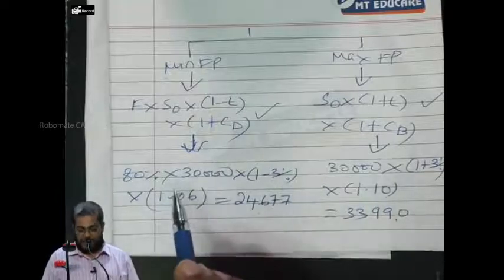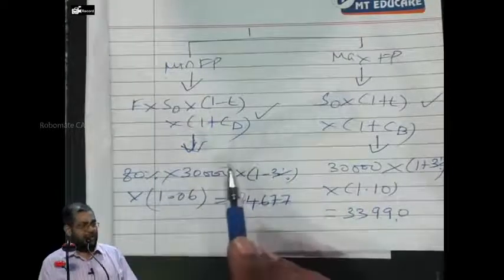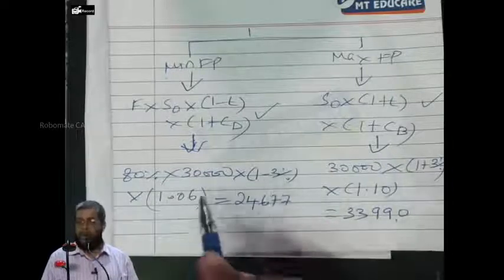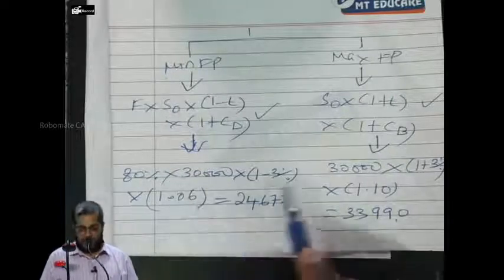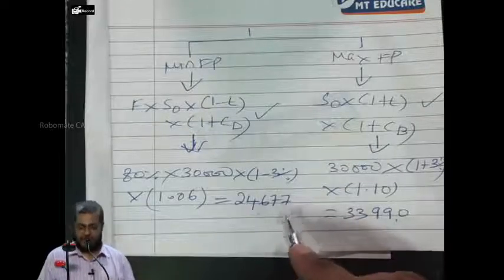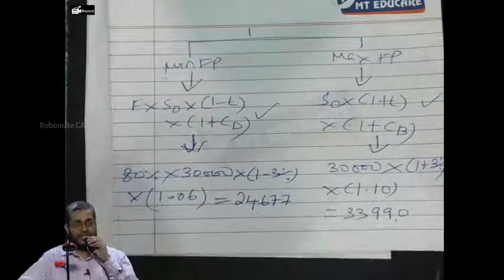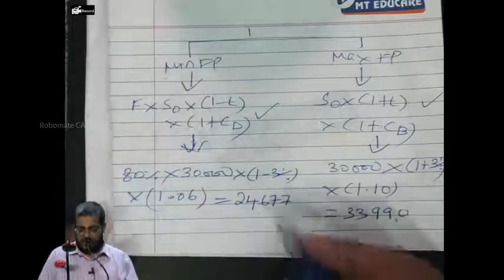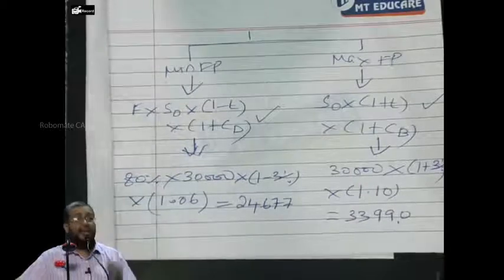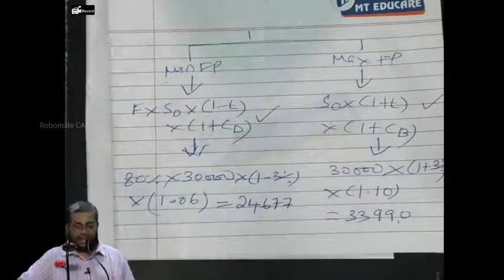Write it: 80% into 30,000 into 97% into 1.06, which is equal to how much rupees? 24,677, which is the maximum futures price I will pay.